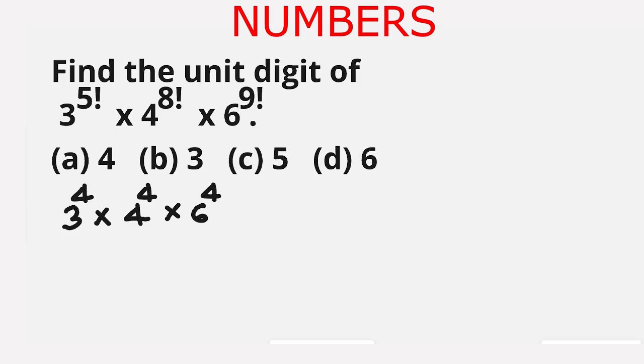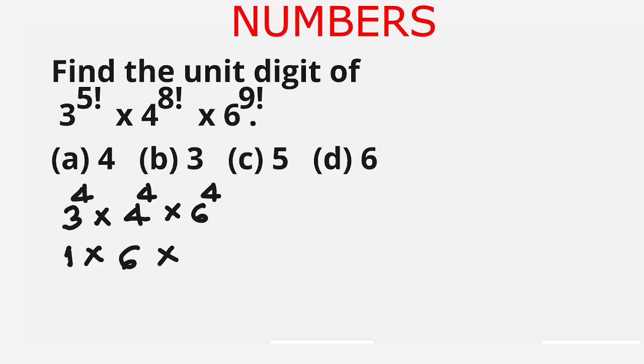Now 3 to the power 4 is 81, so ones place digit of 81 is 1, multiplied by 4 to the power 4 is 256, and ones place digit of 256 is 6, multiplied by 6 to the power 4.